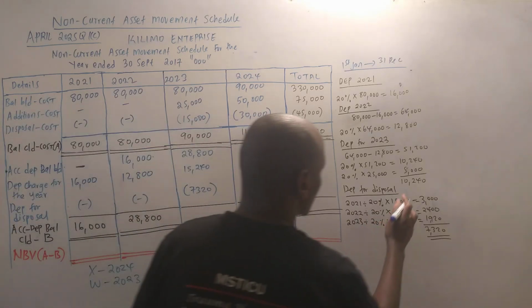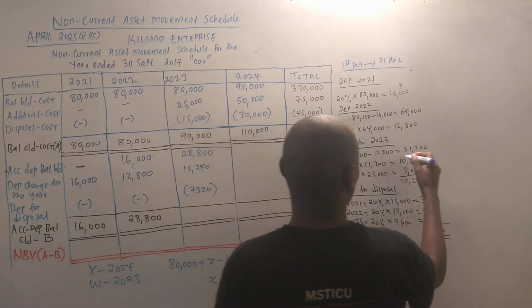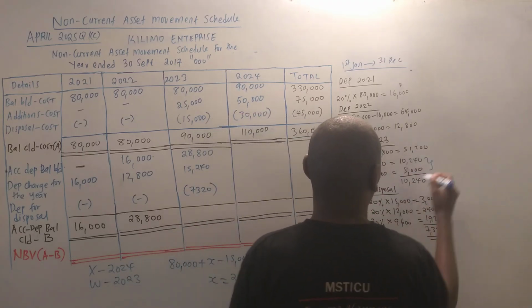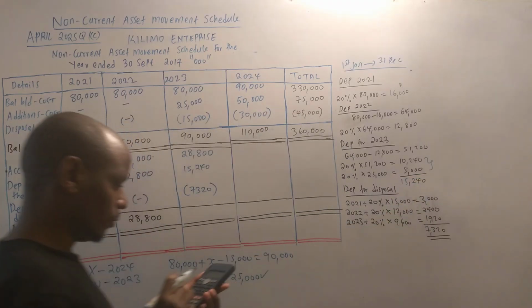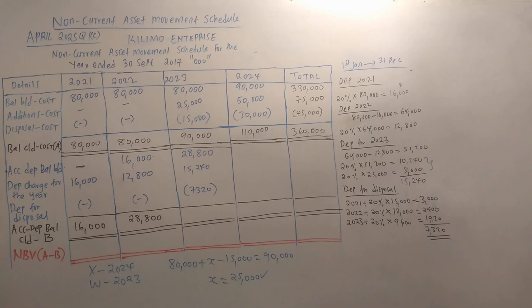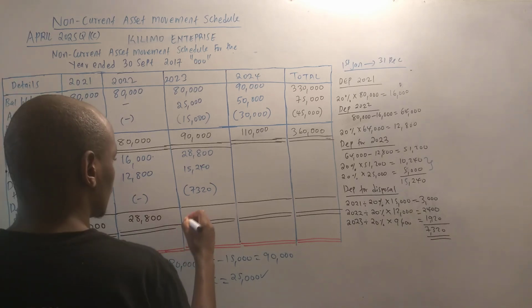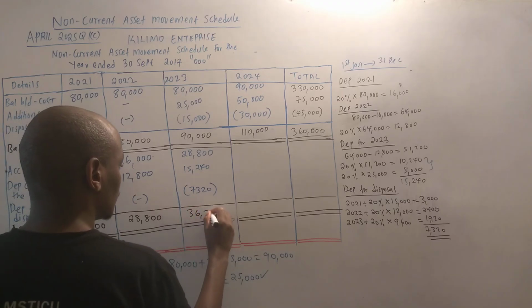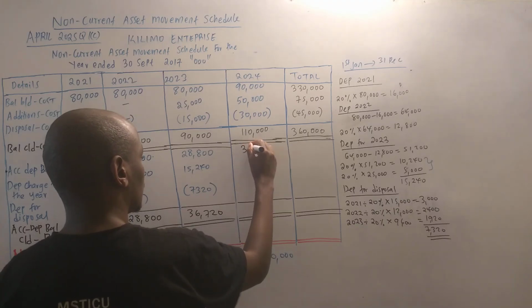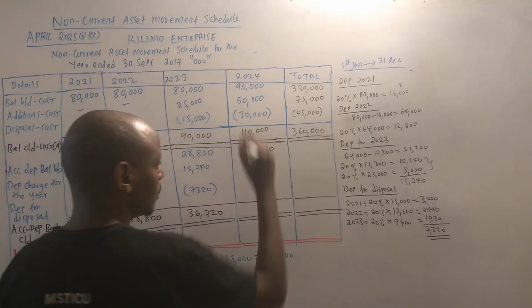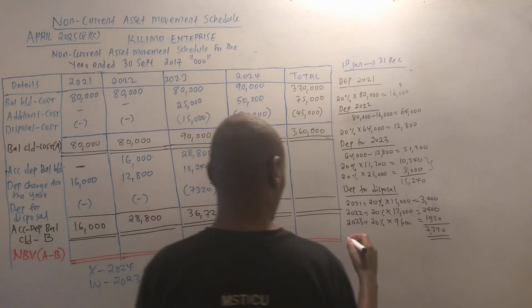It's supposed to be 15,240, not 10,240. So it is 36,720. Then this will be the balance at the beginning. 36,720. Then you go to 2024.